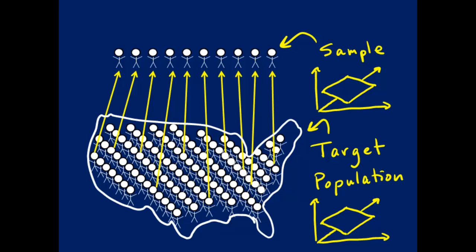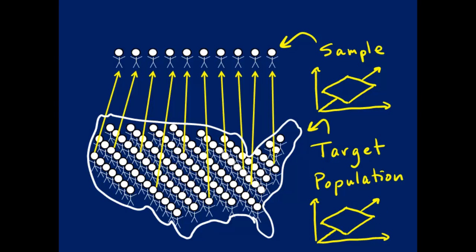And what I'm going to do is create a data set for a target population. And since I'm creating the data set, I will choose the structural part of the model that is generating the data for the target population.